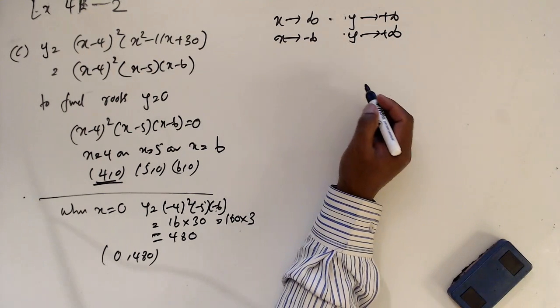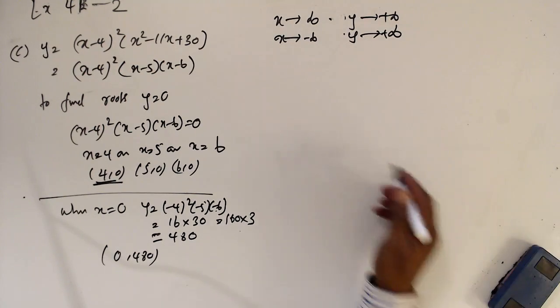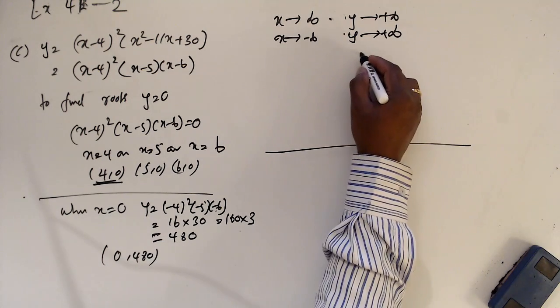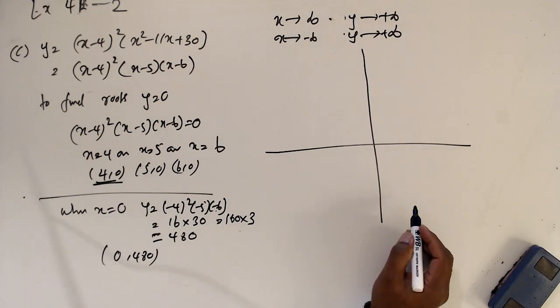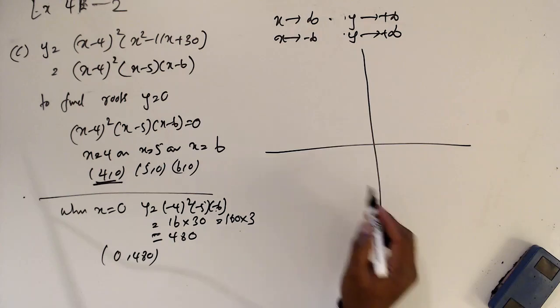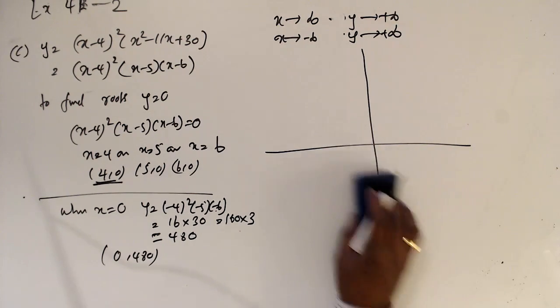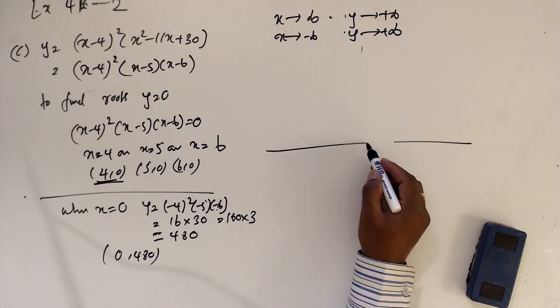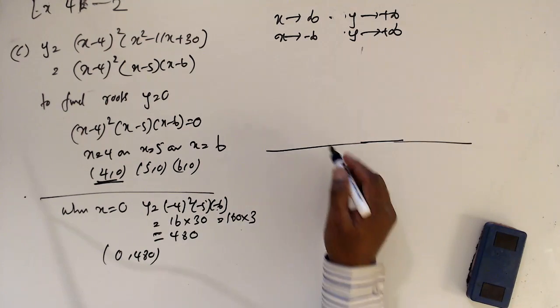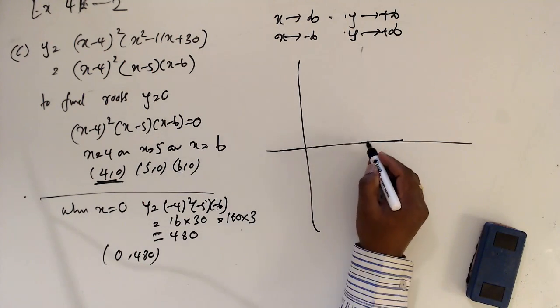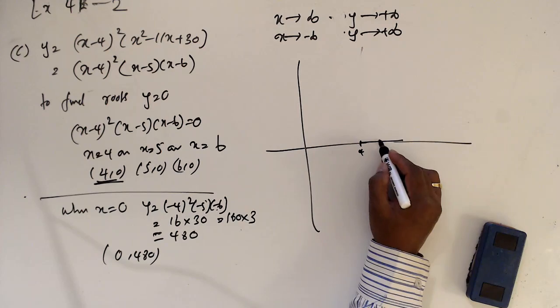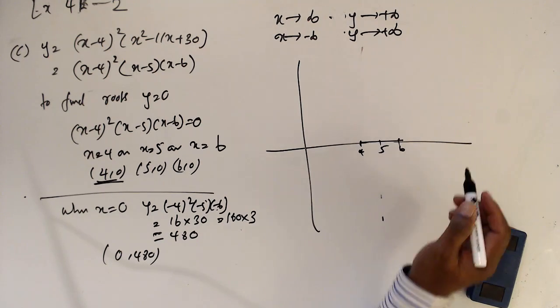Still y goes to positive. This is 4, 5, 6.